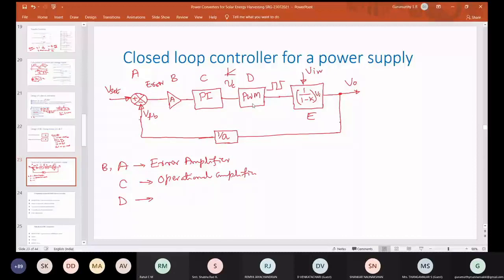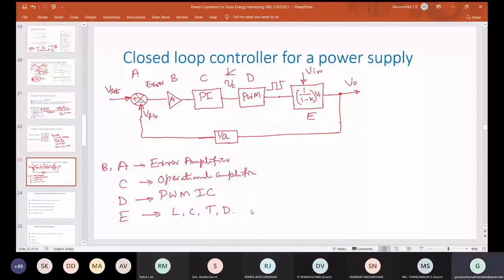Next is E. E is the boost converter, that is L, C, then transistor and diode. These are all power devices. Then you have to sense this output voltage.